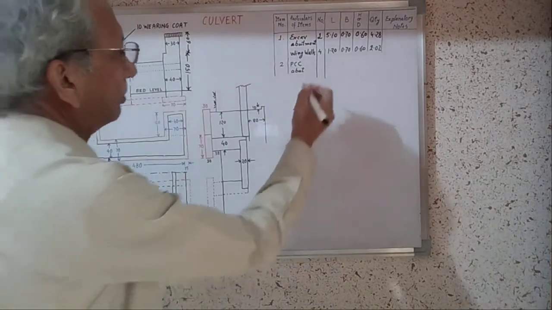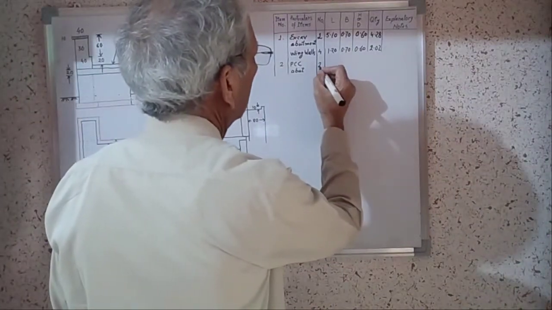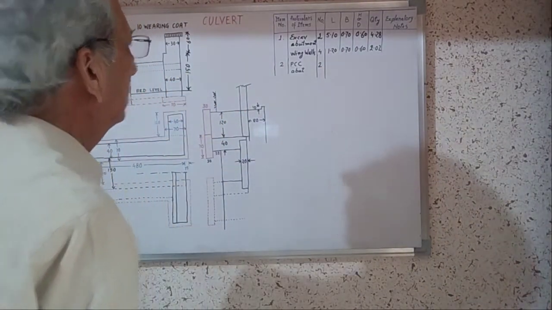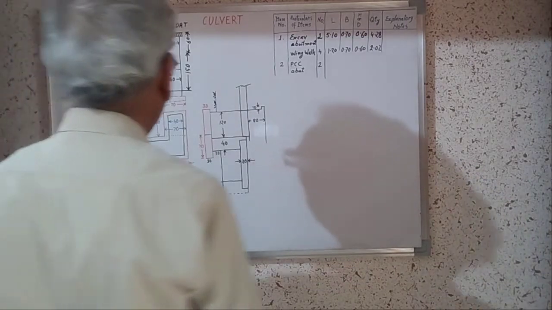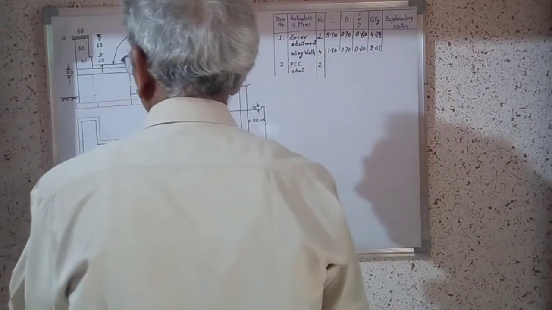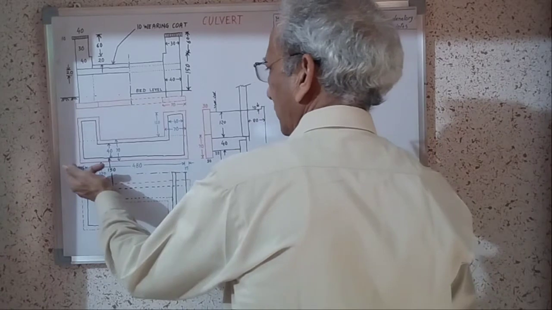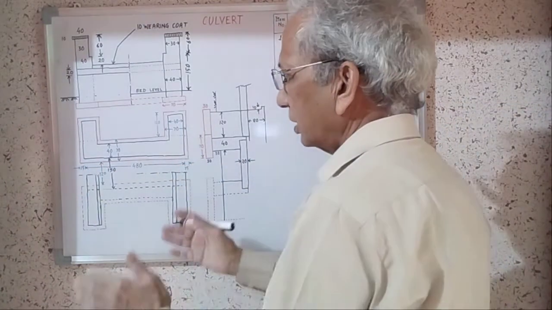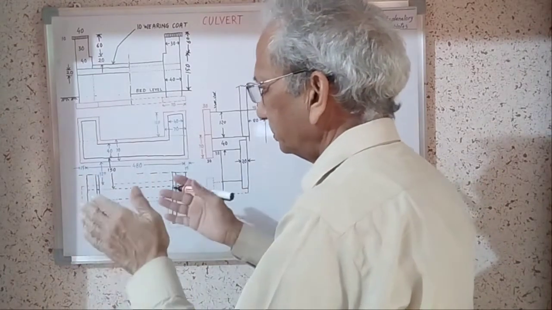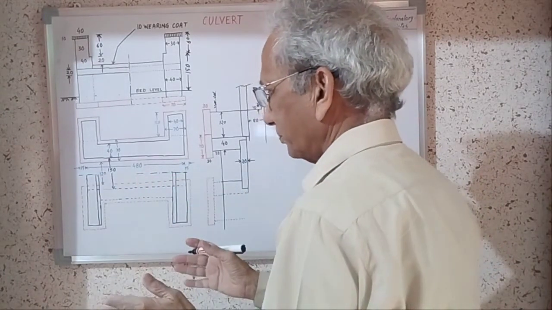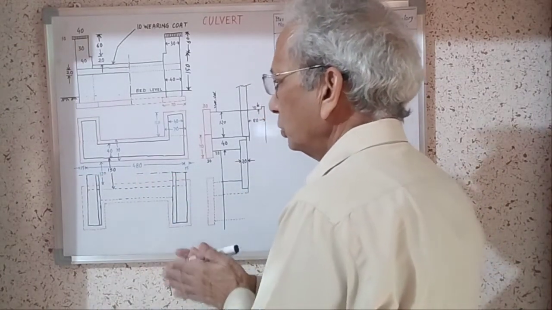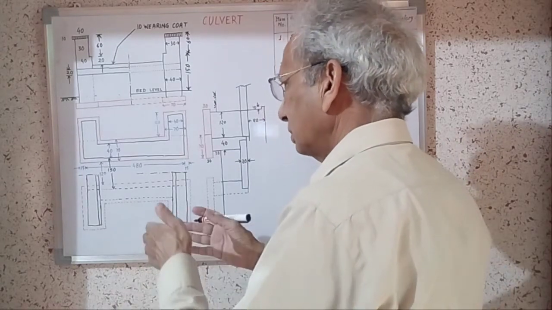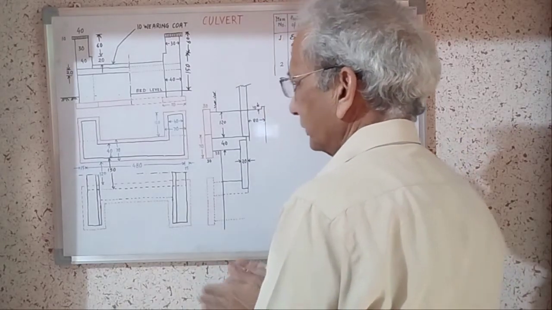There are 2 number of abutments, and the length of the abutment for the purpose of PCC will be the same as we have taken for excavation, because excavation is done according to the length and width of the PCC. We cannot do more than the length of the PCC.